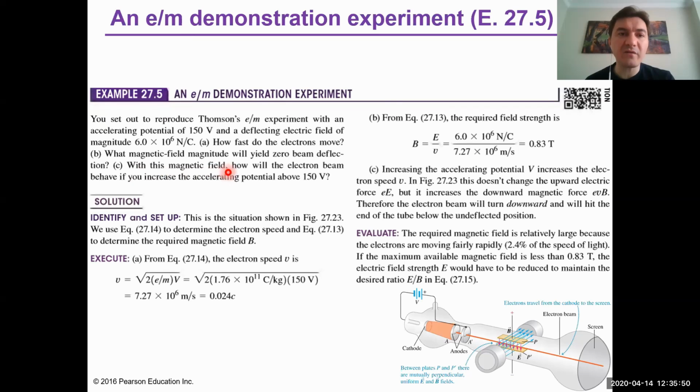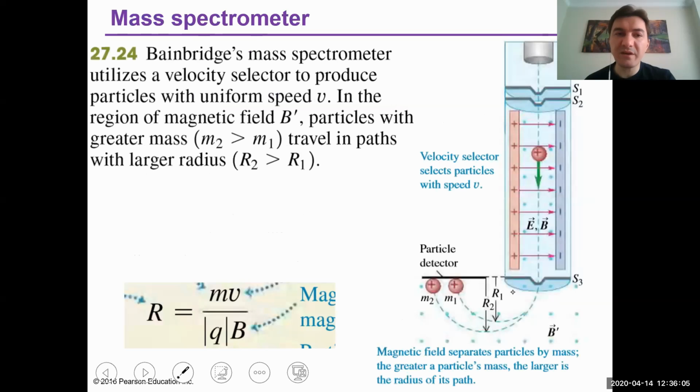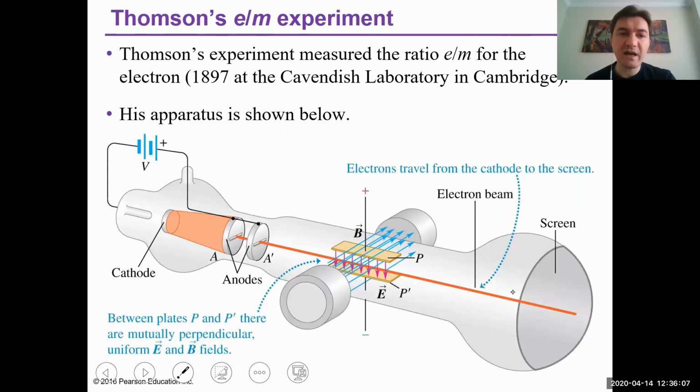Last question: with this magnetic field, how will the electron beam behave if you increase the accelerating potential? If you increase the accelerating potential, the force due to the magnetic field will be increased due to that expression.